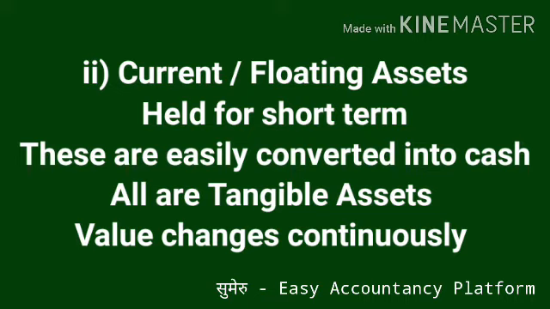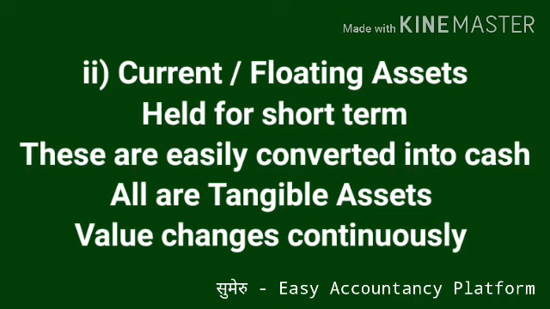These assets are converted into cash, and cash is also reinvested in these assets again. All current assets are tangible assets. What I'm saying, all current assets are tangible assets. These assets are also called floating assets, as the value of these assets changes continuously.